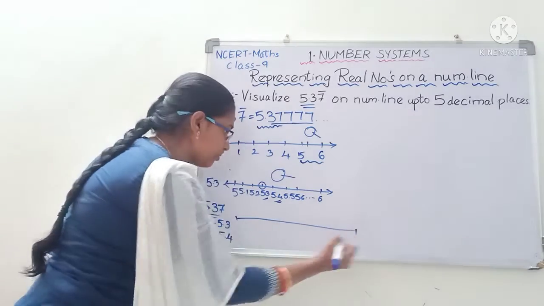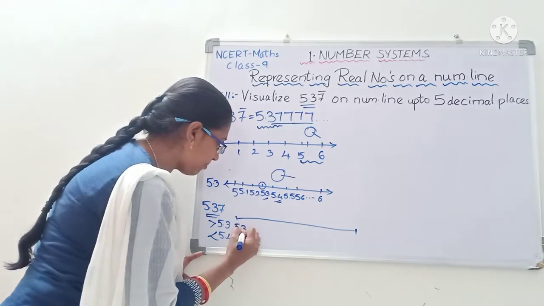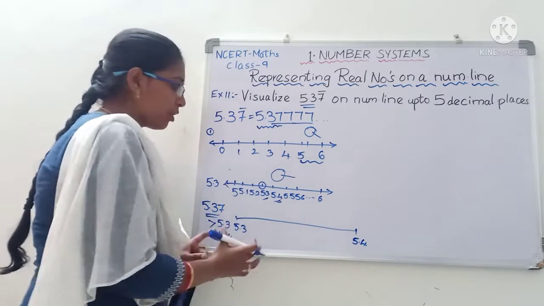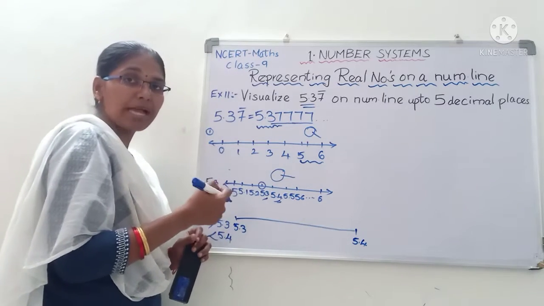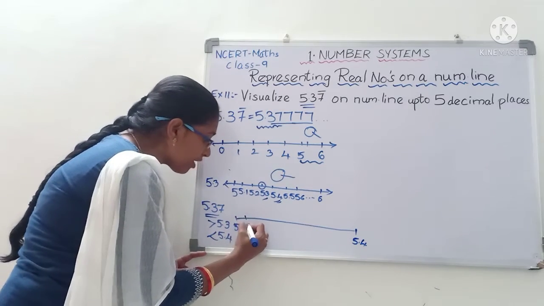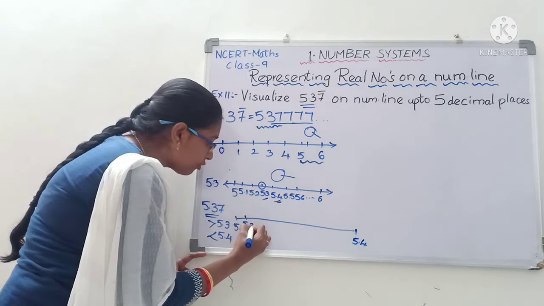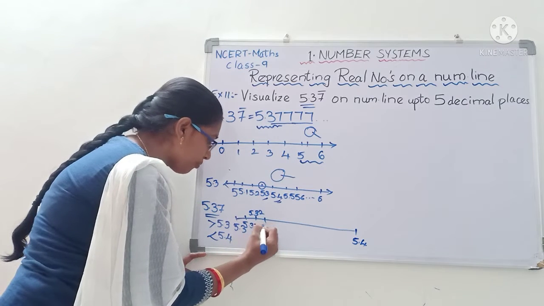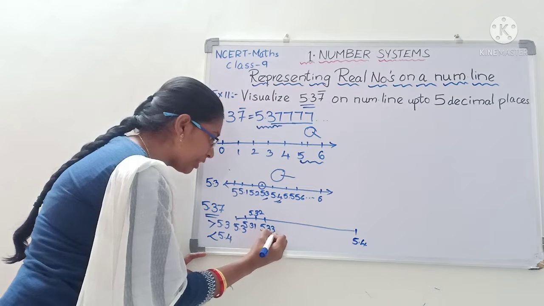Mark 5.3 and 5.4. Assume that 5.3 and 5.4 is seen using a magnifying glass and divide it into 10 parts. That means after 5.3 you get 5.31. Next you get 5.32. Next you get 5.33.